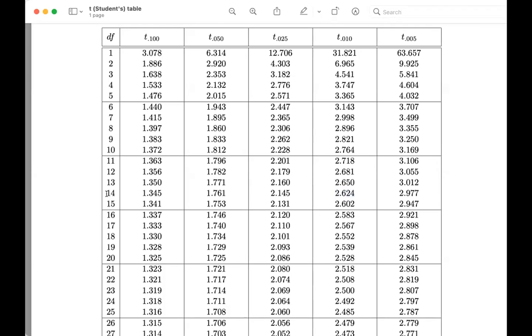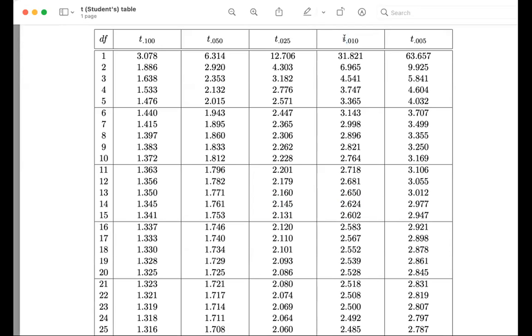So our degrees of freedom is 14, and our t statistic, because we're doing a p approach now, is between this value and this value, which corresponds to being bounded between 0.01 as the lower bound and 0.025 as the upper bound.